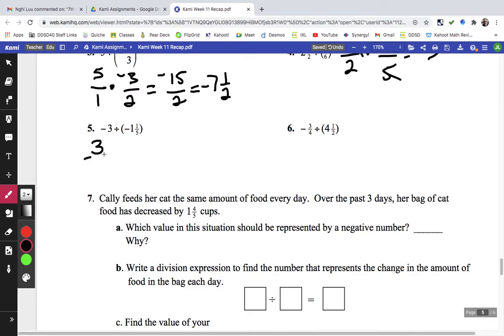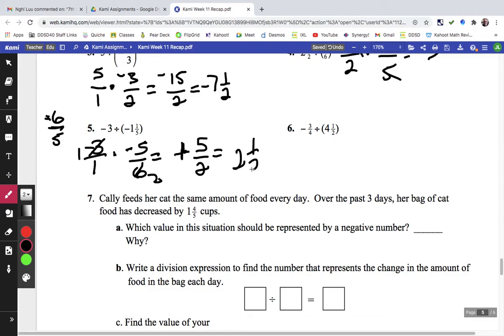This is 3 over 1 times, and over here, before we find the reciprocal, we need to change it to an improper fraction. So just off to the side, I'm going to write that that's -6/5, so I can then find the reciprocal, which is -5 over 6. 3 cancels, so that's -5/2, and that's positive because this was also negative, so that's 2.5.